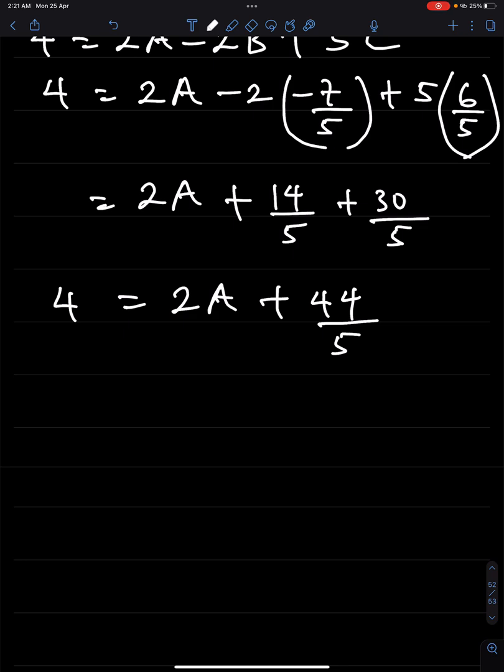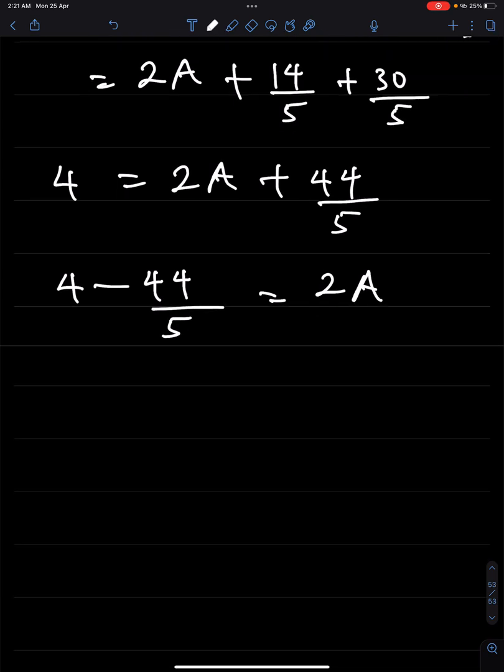Now, I'm bringing 44 over 5 to the left-hand side. So it will mean 4 minus 44 over 5 equals 2a. And this simply means minus 24 over 5 equals 2a.